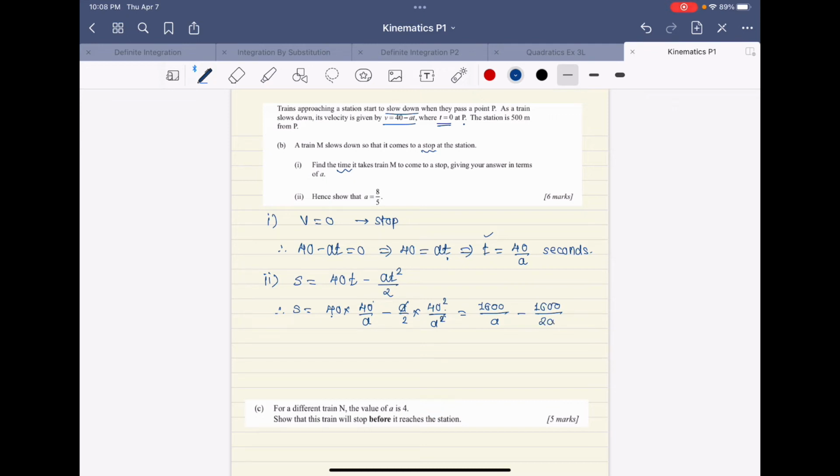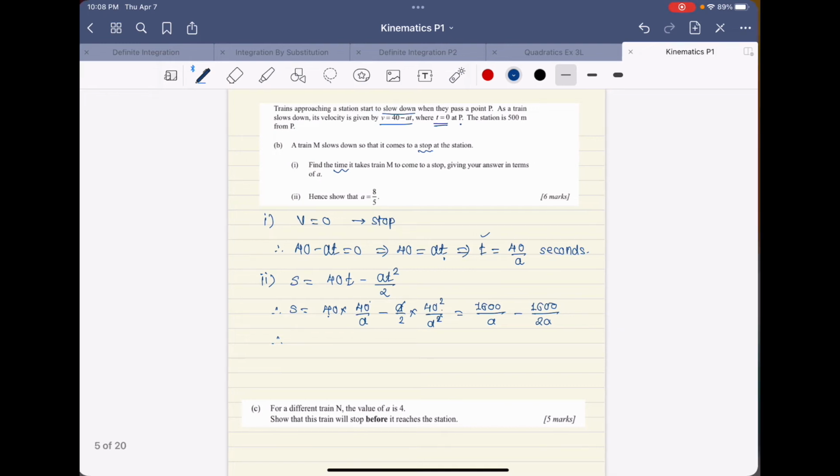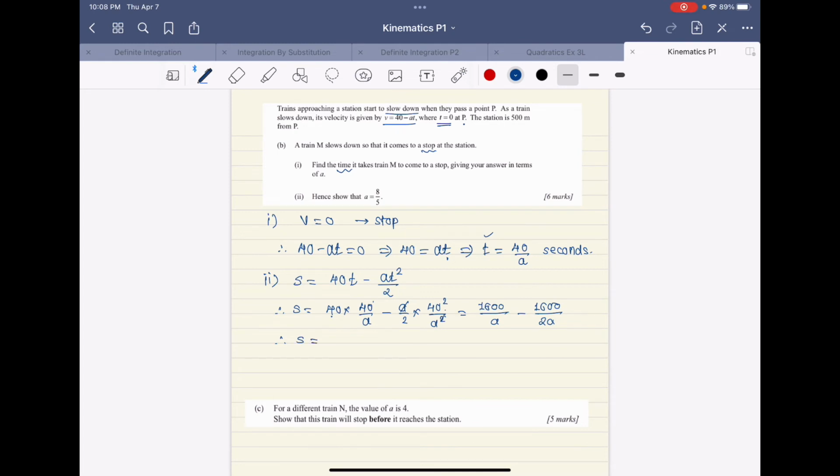Make the base same and solve for this. So this becomes 1600 over a minus 800 over a. Now bases are same, so 1600 minus 800 is basically 800.